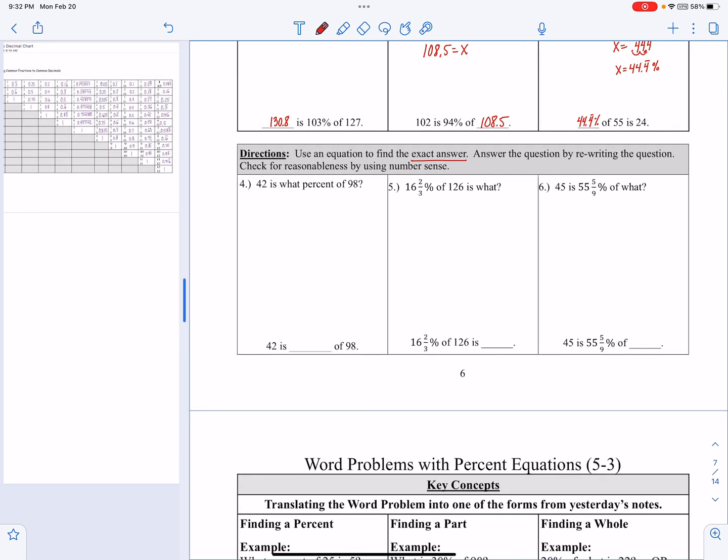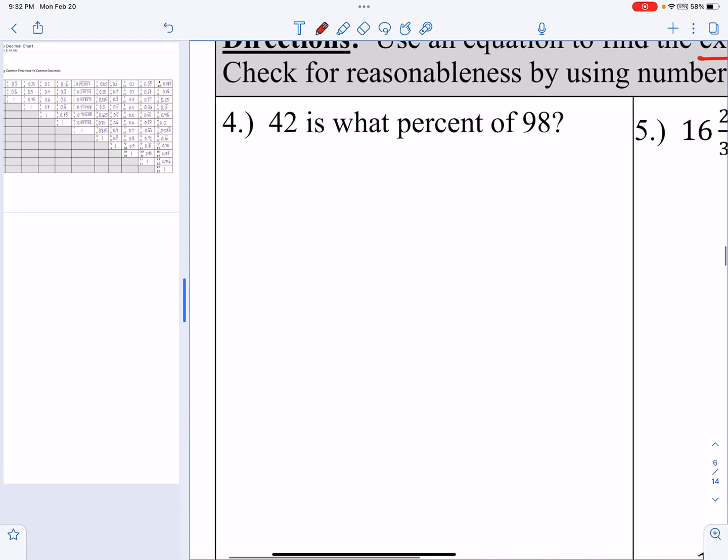There are just some weird ones that you wouldn't be expected to remember. We're going to follow the same routine. I'm noticing these hint words "is" and "of," and "what percent" is my variable. So I'm going to rewrite what we have here: 42 is what percent of 98. We're going to divide both sides by 98.